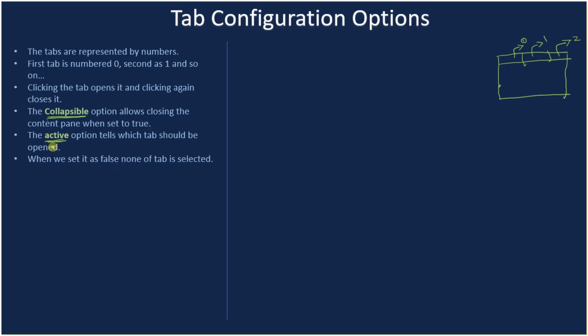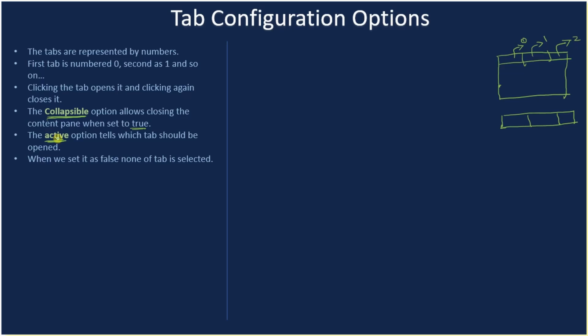When there is no active tab and the collapsible option is set to true, the tab will be initially displayed like this. So it will just display a strip with a tab name, and the content will be closed initially, right? Because we set collapsible to true and we set none to the active tab.